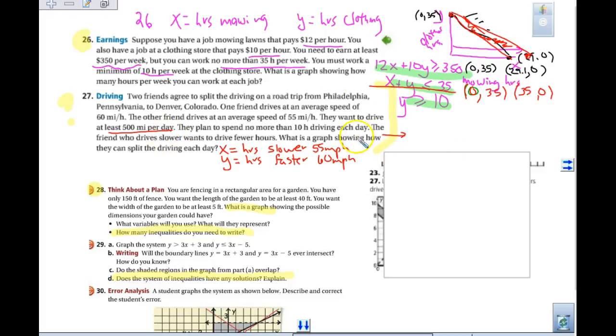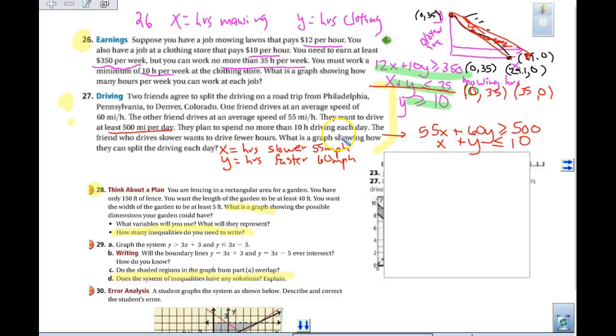So when I look at the equations for 27, I want to start and say, okay, we want to drive at least 500 a day. How can I write that equation? Kind of standard form. 55x plus 60y is greater than or equal to 500, okay? Next equation says they plan to spend no more than 10 hours driving a day, which means my hours from X and Y together, X plus Y, has to be less than or equal to 10, right?